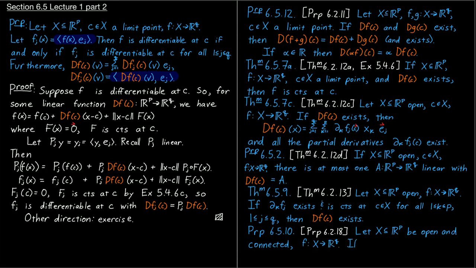And then if dF of C is the zero function, that is, dF of C is a linear operator where no matter what vector you feed in, you get the zero vector out, if that's true for all points C in our domain, then the conclusion is that f is constant.